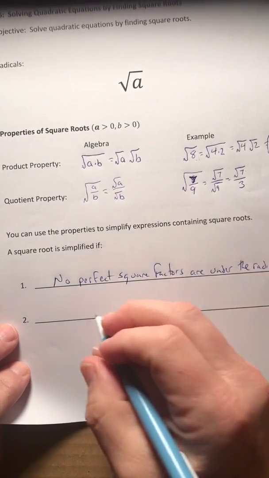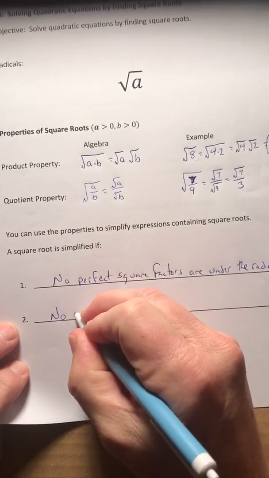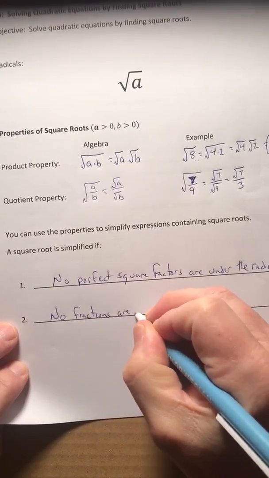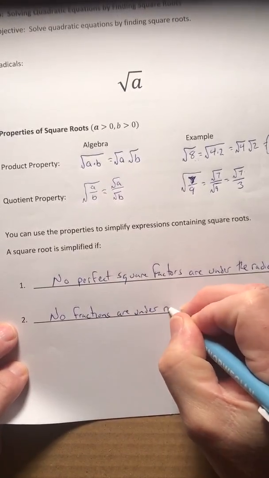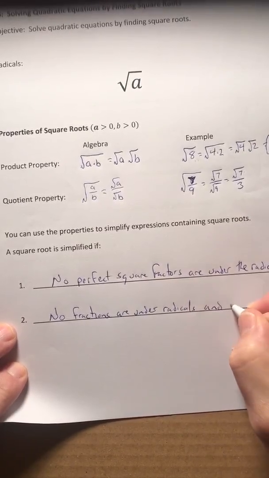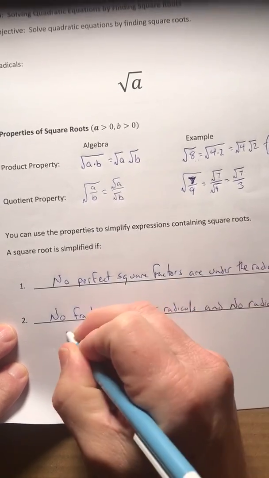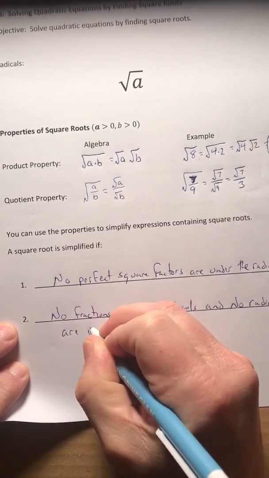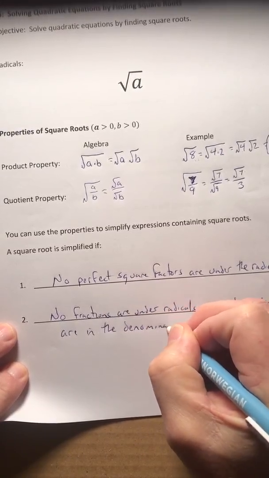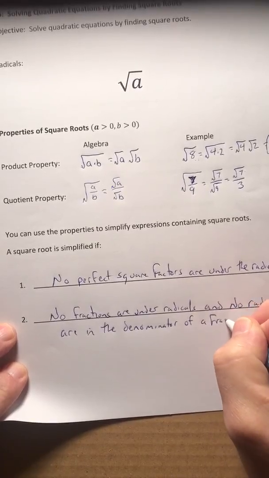Number 2 says no fractions are under radicals, and no radicals are in the denominator of a fraction.